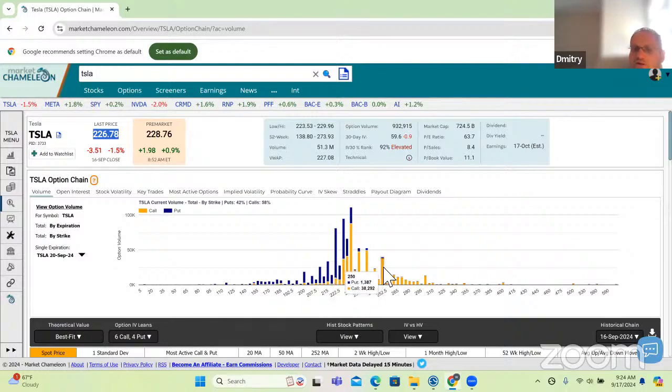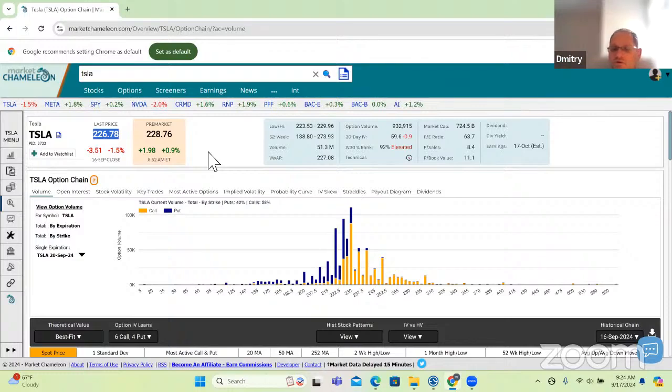Then there's another bar here at 250. So those are the upside strikes. And we see that for the most part, the trading seems concentrated closer to the at the money, the 226. They do spread out between the 220, we would say, and 250 strike. So not too far away.